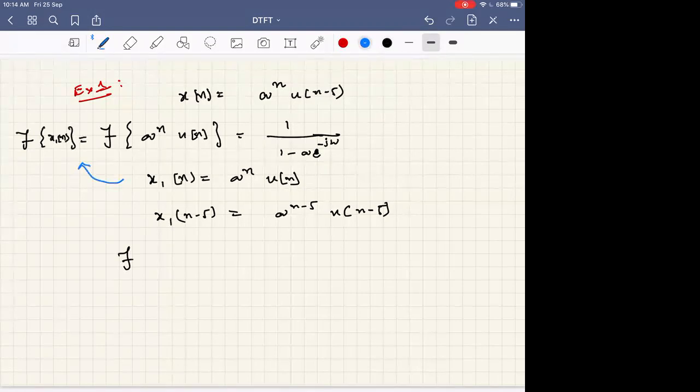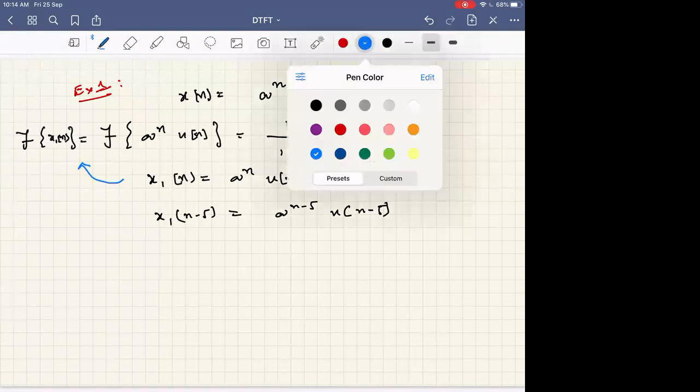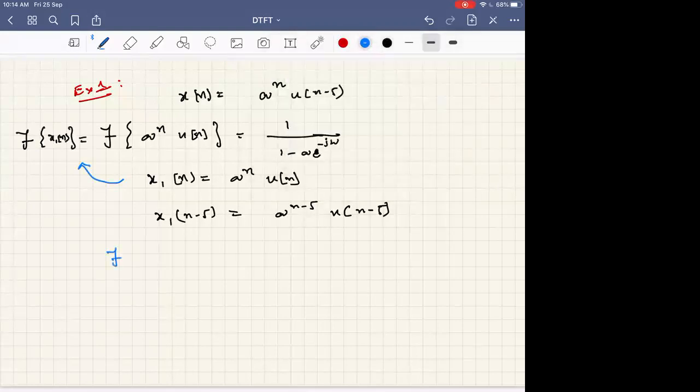Now if I want to find the Fourier transform of x1 of n minus 5, what will it be? x1 of n has the Fourier transform of this. What will be the Fourier transform of x1 of n minus 5?